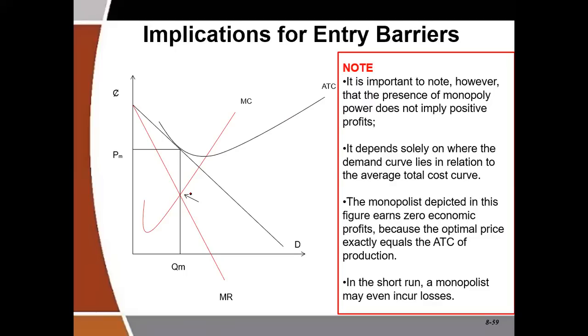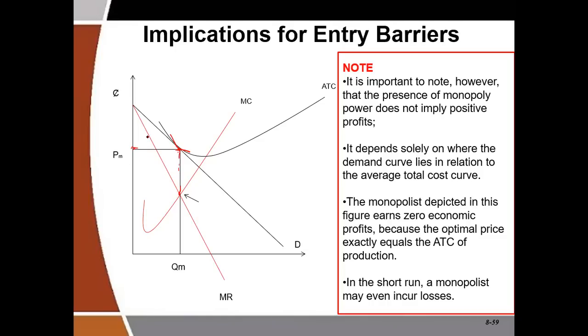So here you realize that when the marginal cost meets marginal revenue here, and we trace the demand curve, we have the price to be this. Assuming the average cost curve is also lying at that point, when we trace to the average cost curve, it means that the average cost will be the same as the price.